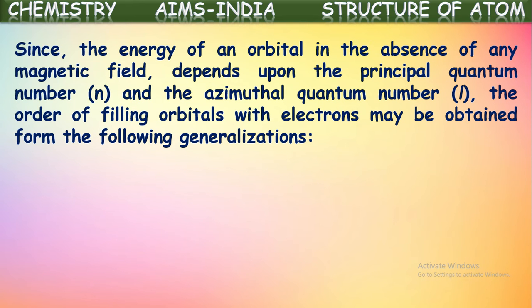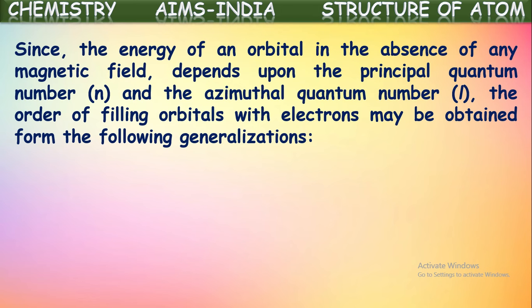Since the energy of an orbital in the absence of any magnetic field or electric field depends upon the principal quantum number value n and azimuthal quantum number value l, the order of filling orbitals with electrons may be obtained from the following generalization also. Yes, we are telling the orbitals with the lowest energy are filled with electrons first.